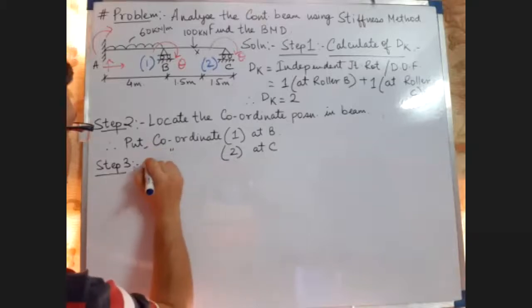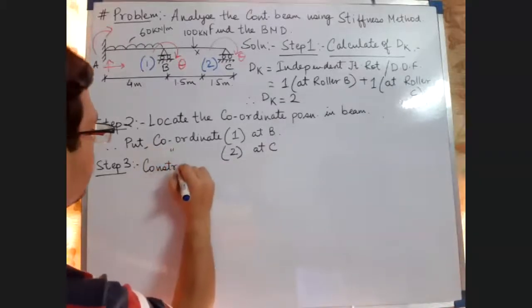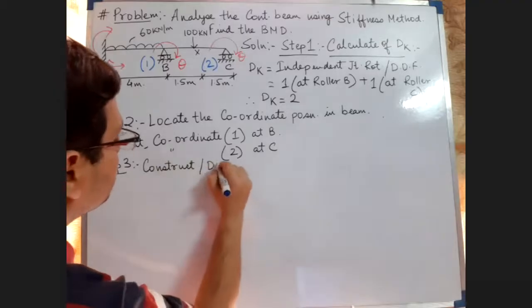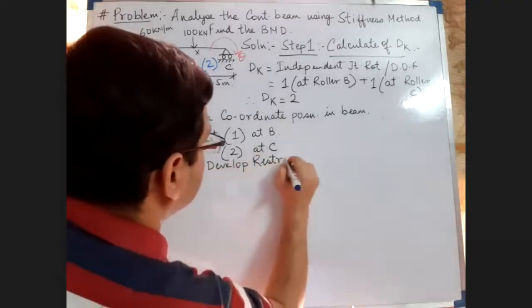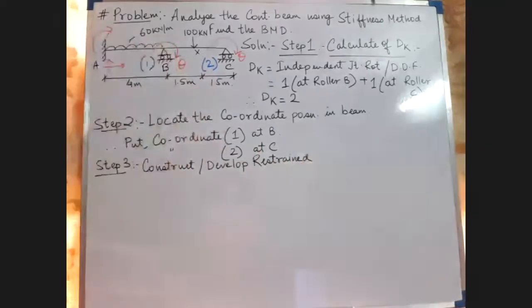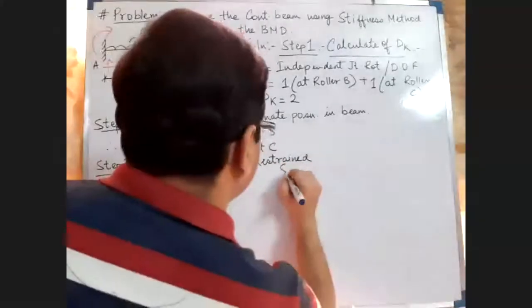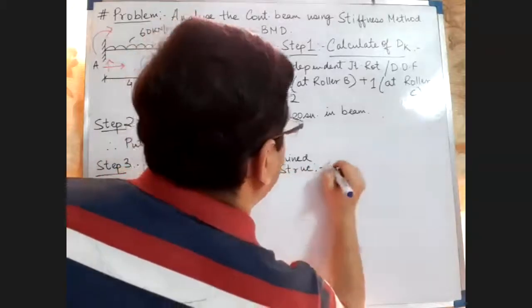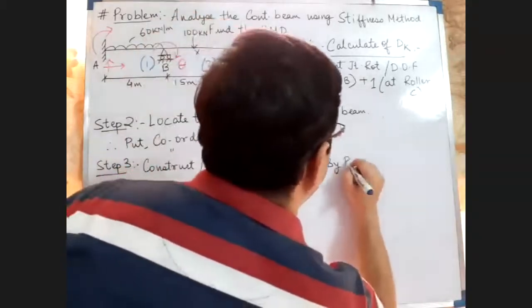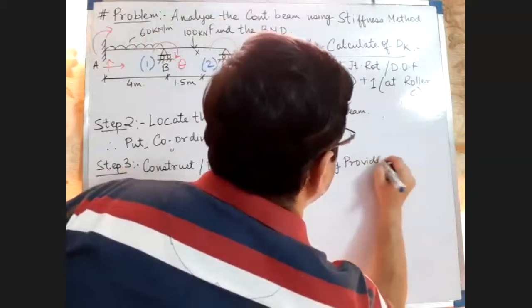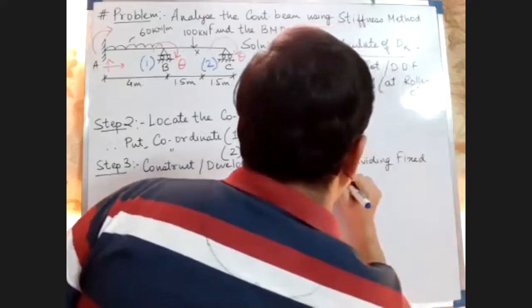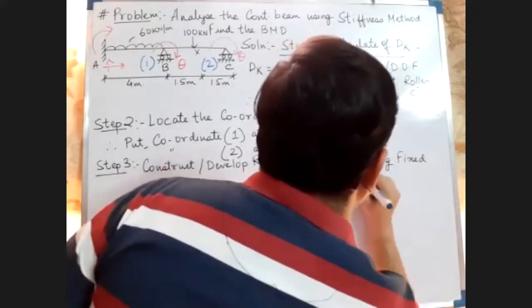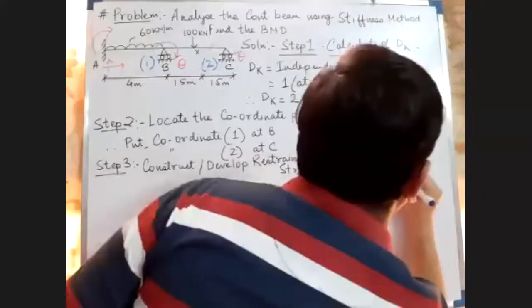So write down: construct or develop restraint structure by providing fixity, by providing fixed ends at all the supports.